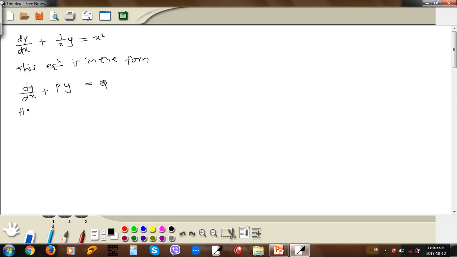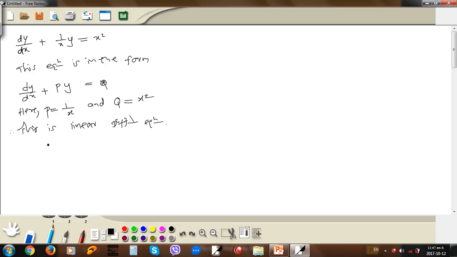Here p equals 1/x and q equals x squared, both functions of x. It means this is a linear differential equation.